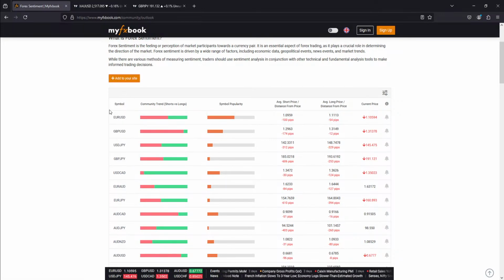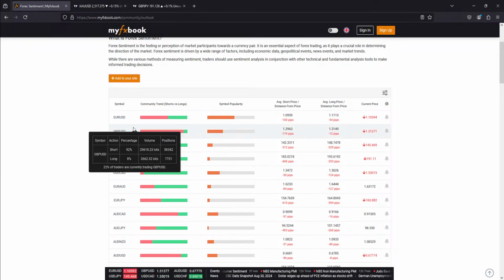I have always noticed one thing in sentiments, that you should always be sitting on the opposite side. Like if 60% of the majority is sitting in sells, for example in EUR/USD, then you should try taking buys in EUR/USD at some point of time, because let me show you why.